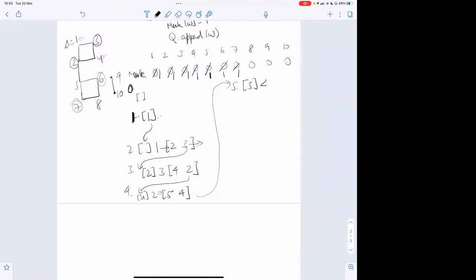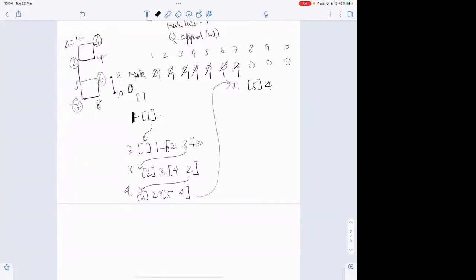So here I should go to 4, correct? Please stop me if something is wrong, if something is amiss. So here I take out 4 from this thing, and I am left with 5. I look at neighbors of 4. Neighbors of 4 are 2 and 3, which are already marked, so nothing happens.